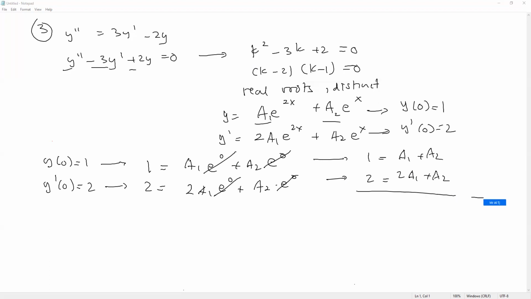If we just subtract them, we know negative 1 is negative a1, hence a1 is 1. And if we substitute it, we get a2 is going to be 0.